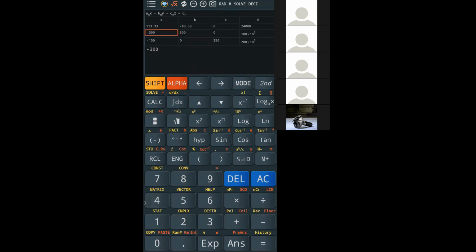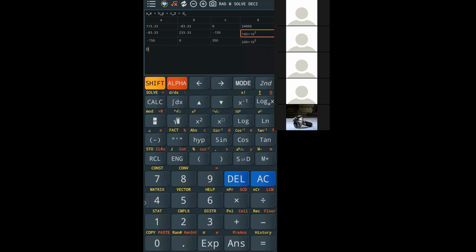Next, in equation 3, the coefficient of T2 is minus 83.33, of T3 is 233.33, of T4 is minus 150, equal to 0.